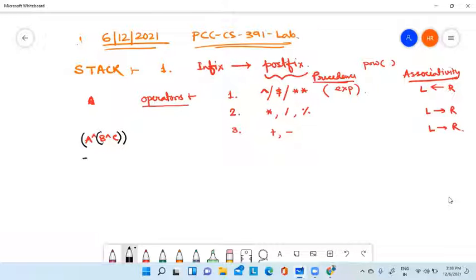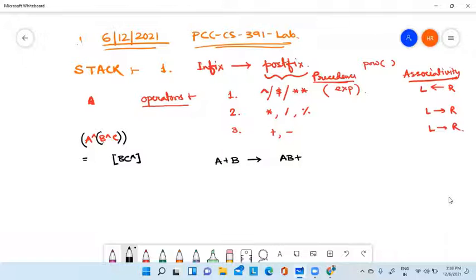It means first we have to execute this one, and then we have to execute this one. So if I execute b to the power c and convert it into postfix, what will we get? Infix and postfix: if a + b is infix, then its corresponding postfix must be ab+. Postfix means the operator comes after the operands. So for b to the power c, the postfix expression will be bc^.